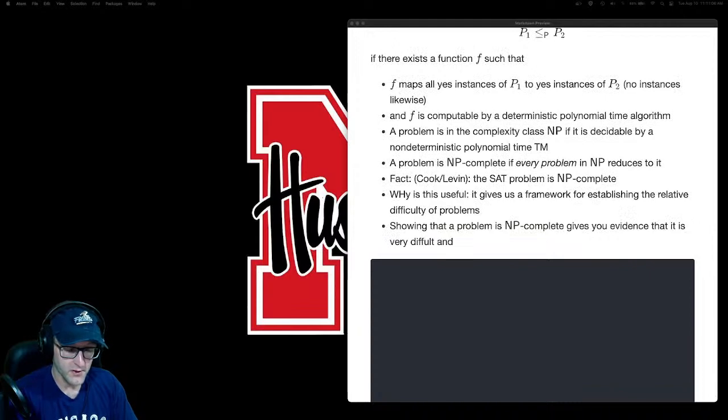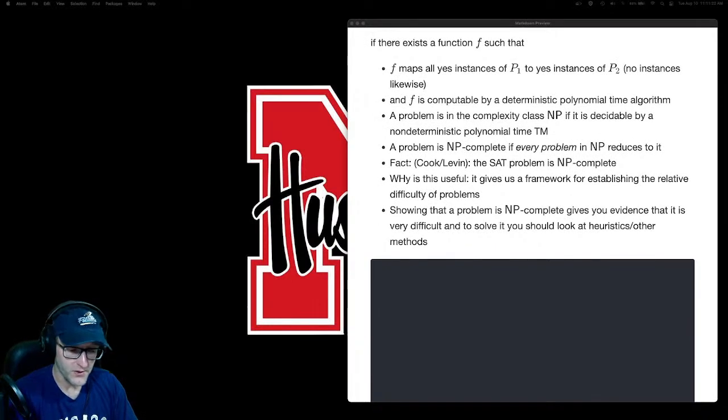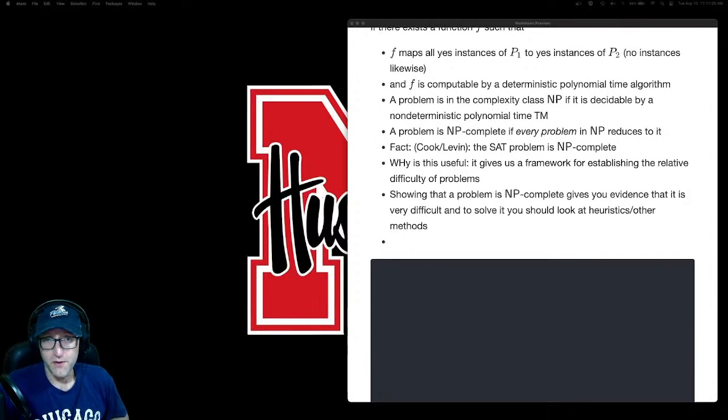And to solve it, you should look at heuristics or other methods. So don't even bother with a brute force method. Immediately start looking to see if you can estimate things, or maybe it's an optimization problem, like the 0-1 knapsack. Showing that it's NP complete means we're not even going to try to solve this exactly.